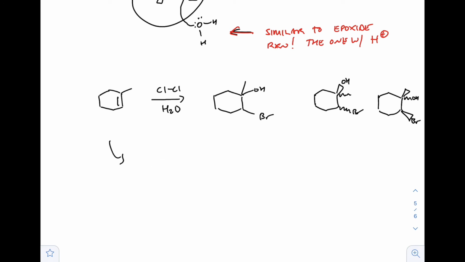Sorry, let me draw this ring from the other view so that way you can kind of see more or less how the halonium forms, or in this case the chloronium or bromonium ion.